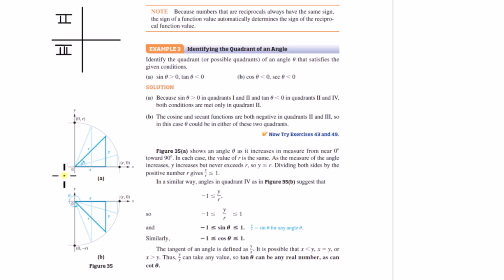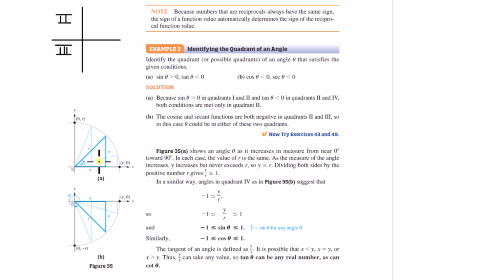Now, what about the ranges of cosecant and secant? It seems like it might be all real numbers, kind of like tangent, right? Well, let's think about cosecant. Let's start at the vertical. What is r divided by y at the vertical? That's positive 1. Then as we come down in this direction, what happens?